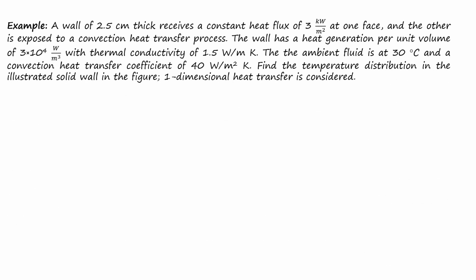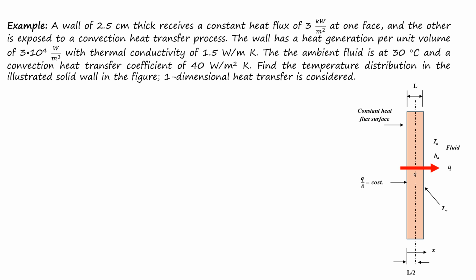We have here another example where a wall is exposed to constant heat flux amounting to 3 kilowatt per meter square at one face, x equal to 0, and the other side is exposed to convection, where we have T ambient equal to 30 degrees Celsius, and the convection heat transfer coefficient h sub a equal to 40 watt per meter square Kelvin.